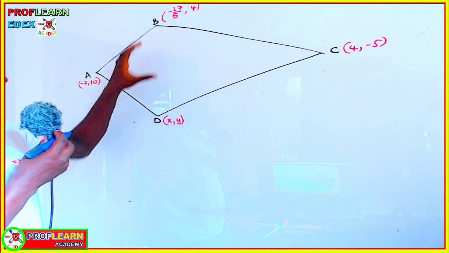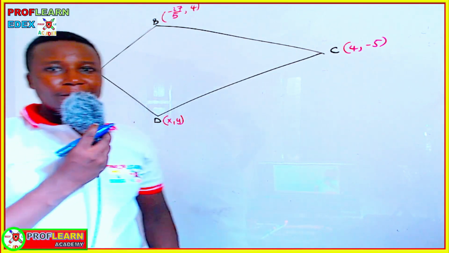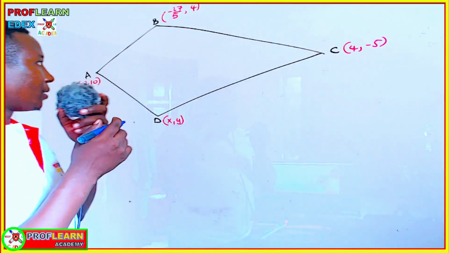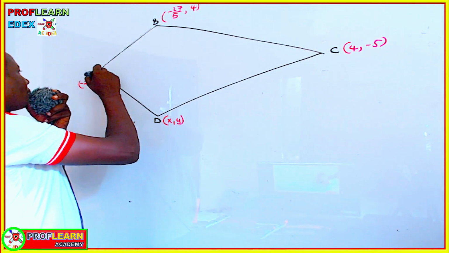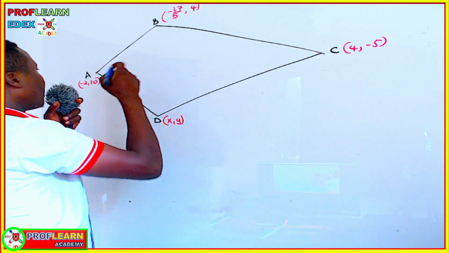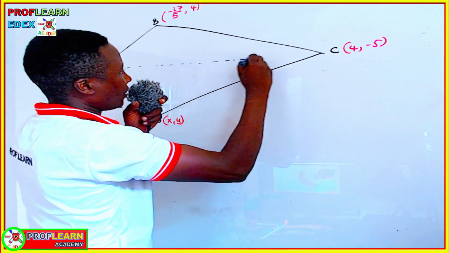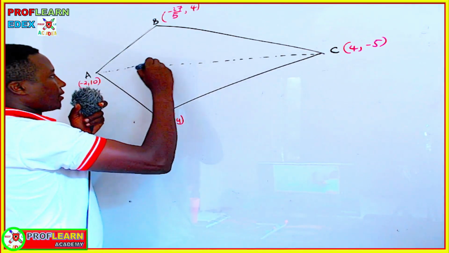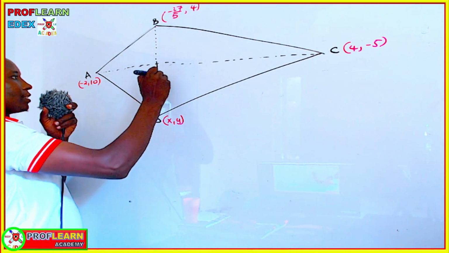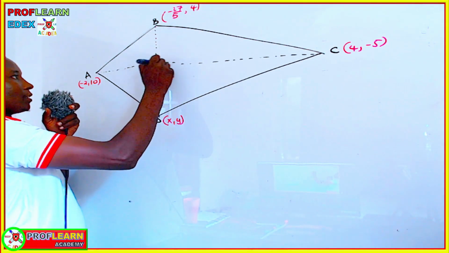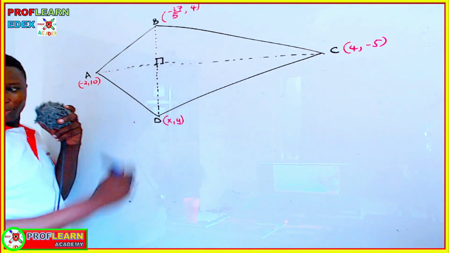Having that we are given all these coordinates, and we are supposed to find the value of D. You need to remember that one of the geometric properties of a kite is that if we join the diagonals, the angle formed here is 90 degrees, meaning that these two are perpendicular.